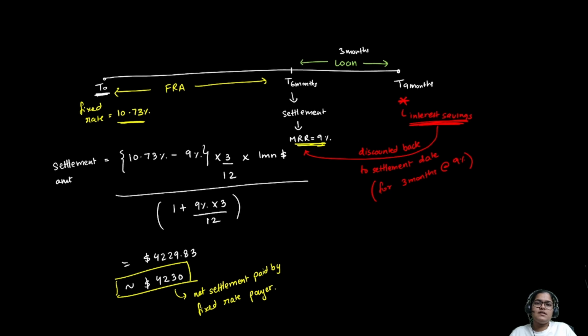Interest rates actually did fall to 9%. And because he had locked himself in the FRA to receive a fixed rate of 10.73%, he is receiving 10.73%, which is higher than the market reference rate. Okay, so the lender will receive this amount. The lender receives the settlement amount.